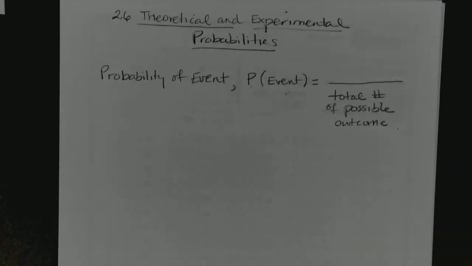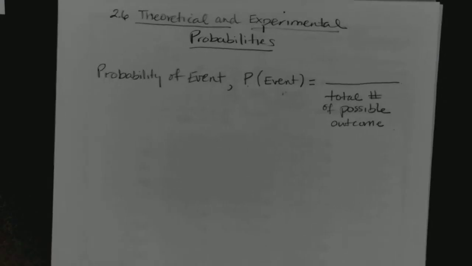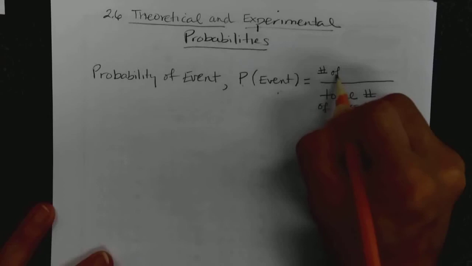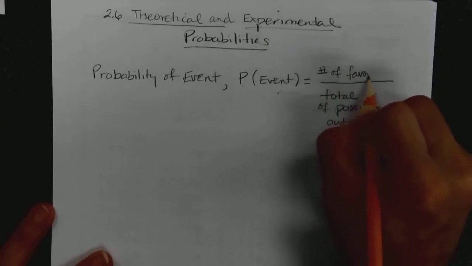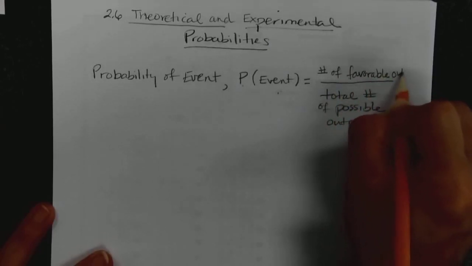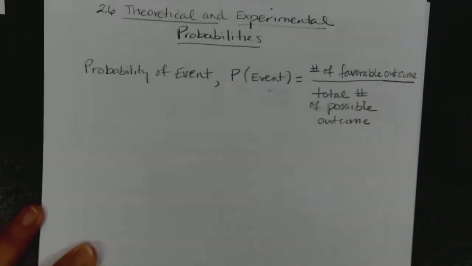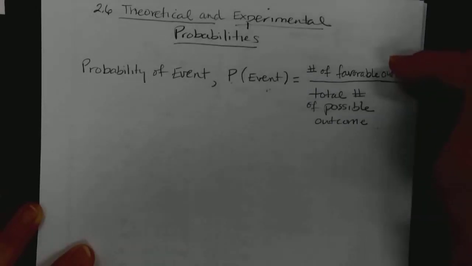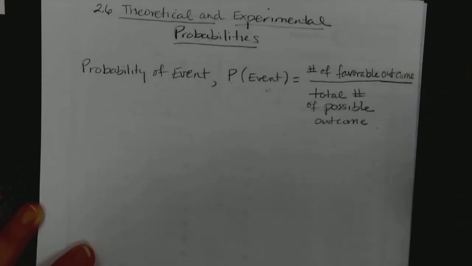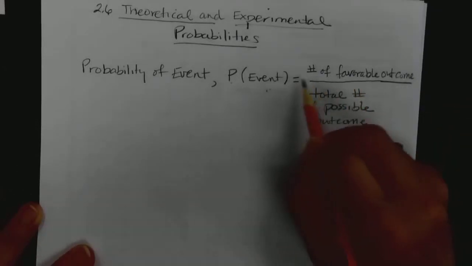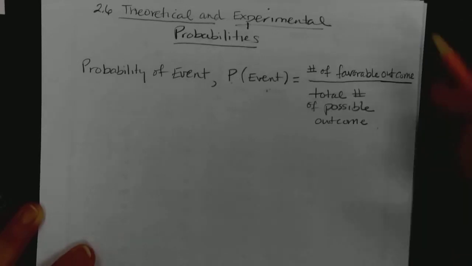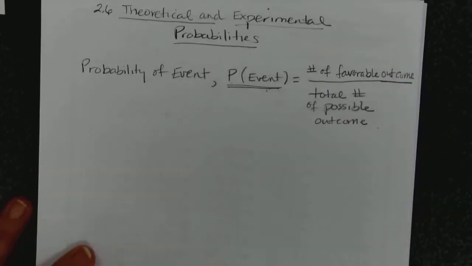On a dice, there's 6 sides, so that's my total possible outcomes. On the top will be the number of favorable outcomes, whatever outcome you want it to be. So if I want to roll the evens, then it will be the number of even sides on a dice. So probability is always something over the total possible. This is the proper notation for probability.